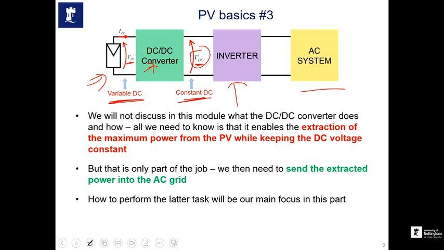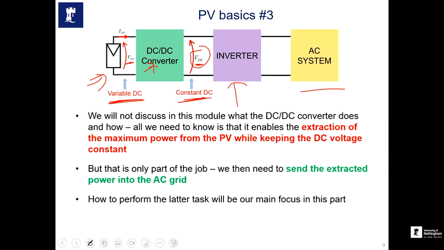And also, I'm not going into any detail on the DC-DC converter and how you control it to get the maximum power out of PV. The DC-DC converter analysis, control and modeling, I teach in fourth year.